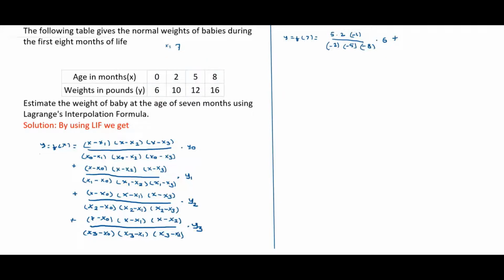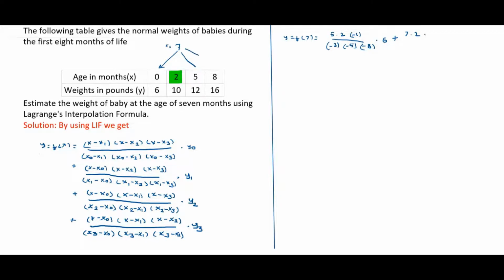Now to write down the second one, you have to close the second value of x. I will close 2, and now you can write 7 minus 0. 7 minus 0 is 7. Then 7 minus 5 is equal to 2.